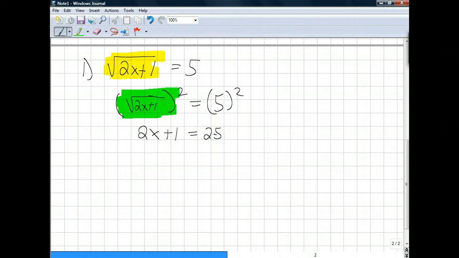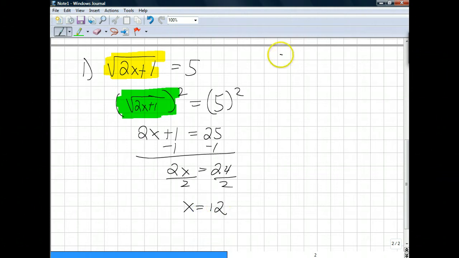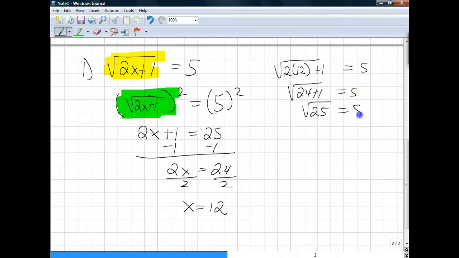So in other words, the radical cancels out, and so I get 25. And now it's just a matter of solving for x. So subtract 1 from both sides. 2x equals 24. Divide by 2. X equals 12. But now we have to go back to the original equation and check it. So is 2 times 12 plus 1 equal to 5? So 24 plus 1, square root of 25.